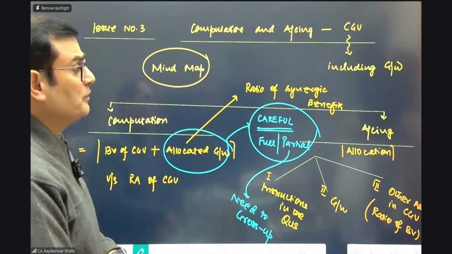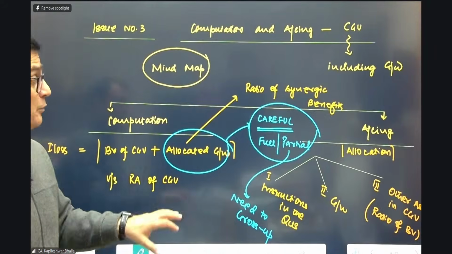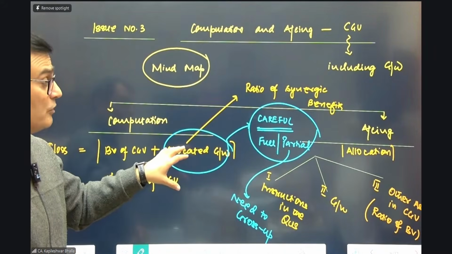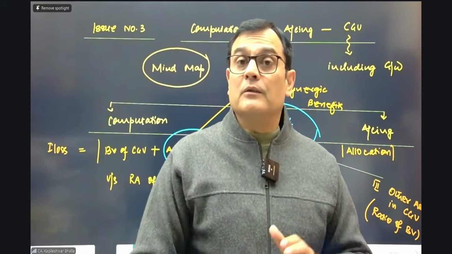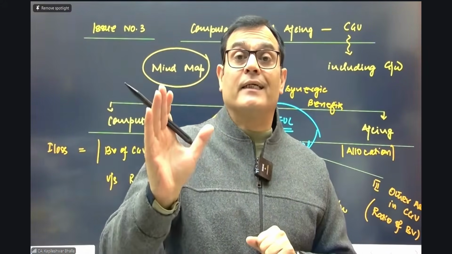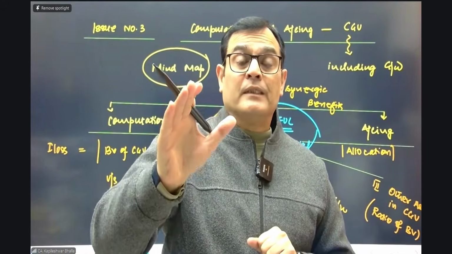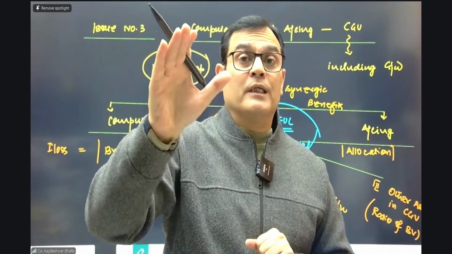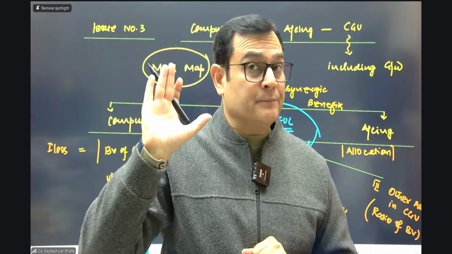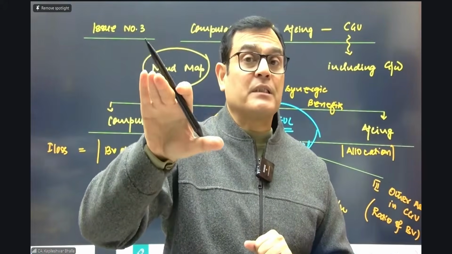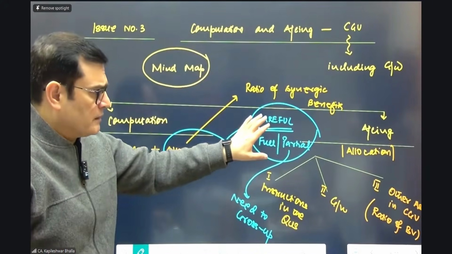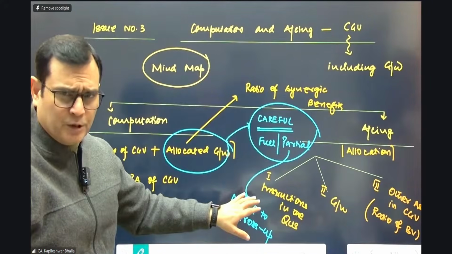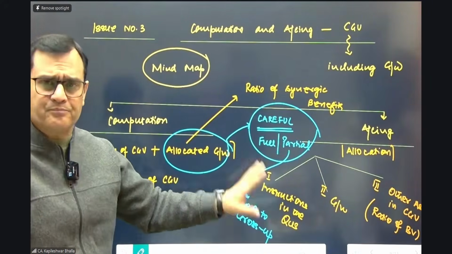When you're calculating the impairment loss and considering the allocated goodwill, if the NCI is at fair value, the goodwill is full, you can take it directly. If the NCI is at proportionate share of net assets, then there is a need to gross up the goodwill. We'll discuss this special issue very shortly and create a mind map.